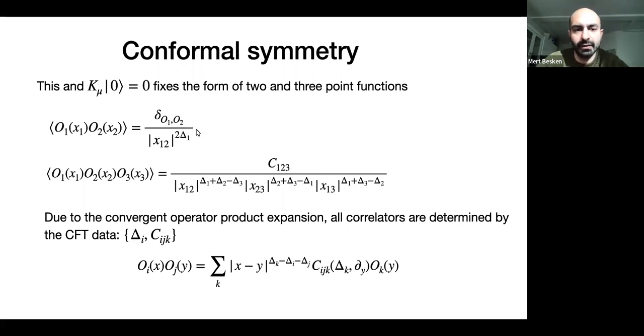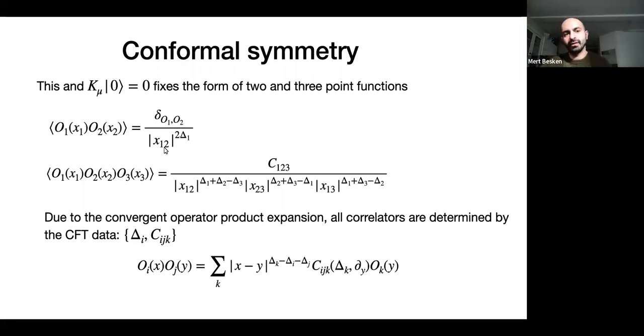So only identical operators have a non-vanishing 2-point function, and the scaling dimension appears here. You can think of it like a mass dimension, and you see it in the denominator because we have some length. The notation x1 2 means x1 minus x2; that is the shorthand.